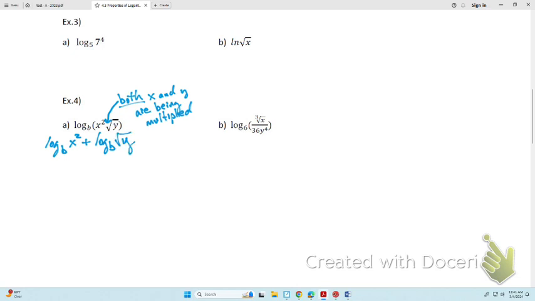Then move your exponents. So this becomes 2 log bx plus log by to the 1/2. Whoops, I forgot to move the 1/2 to the front.